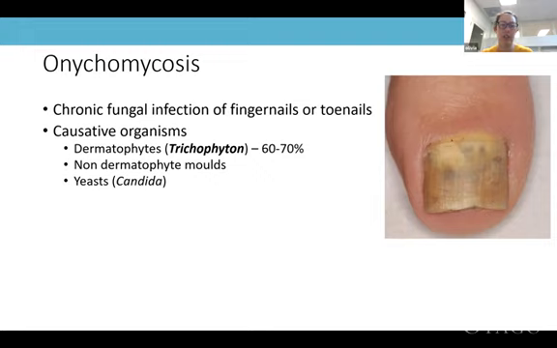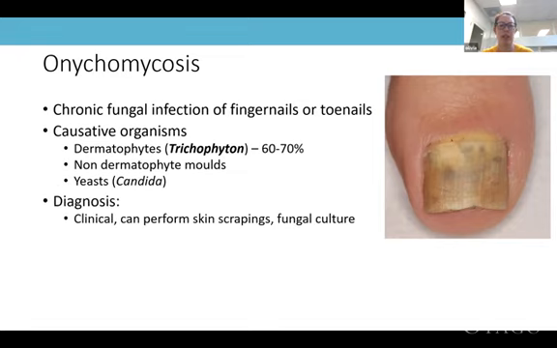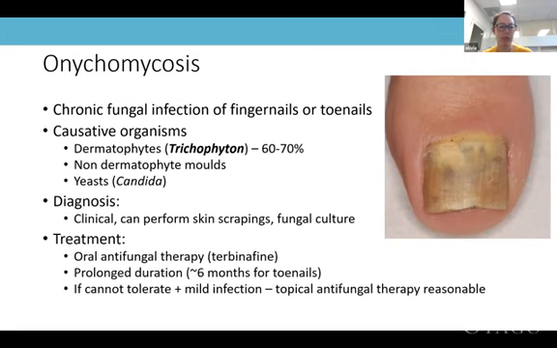And then yeasts like Candida can also cause it, but much rarer. Again, the diagnosis is generally clinical. You look at it and say, I think that looks like a fungal infection, but you can perform nail cuttings or scrapings, look at them under the microscope and perform fungal culture, especially if you're not getting the response you expect.